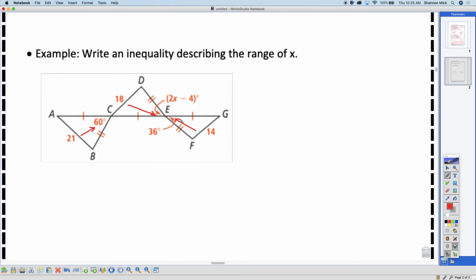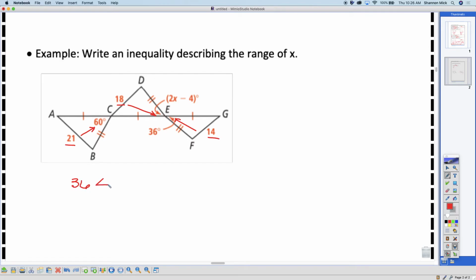They all have a relationship. So I need to look at their side lengths. What are my side lengths associated with those? 21, 18, and 14. So we need to write these in order. Which will be the smallest angle? 14, so the smallest angle will be 36.